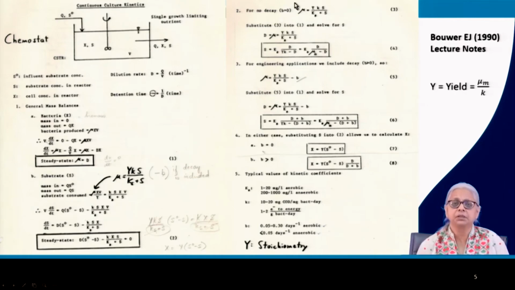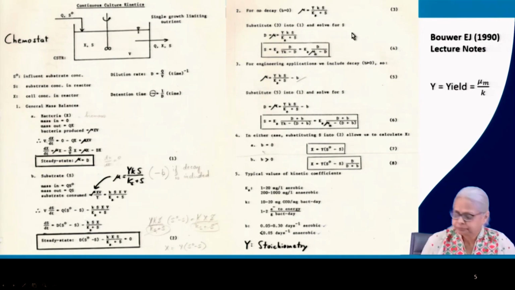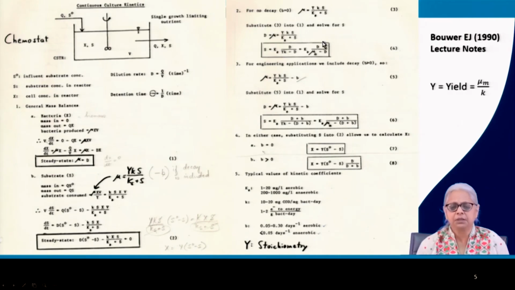Now there is another term that needs to be included, and that is decay. So if you want to assume that decay is not important, then b is equal to 0, and this is our equation for mu. So mu is equal to Y k S divided by Ks plus S. And when you substitute this particular term into our first equation, then you get these two terms.